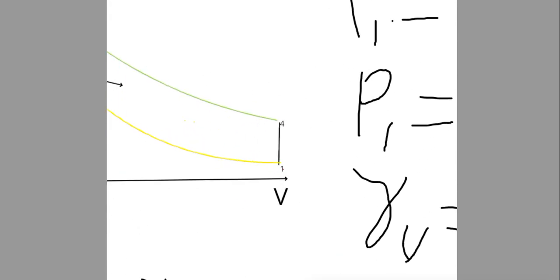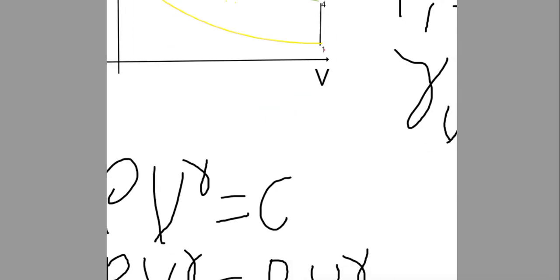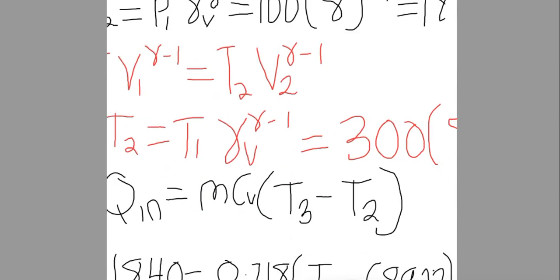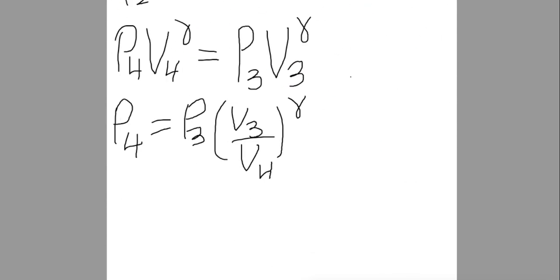So now we know our compression ratio is equal to V1 over V2, and we know V1 is the same thing as V4 and V2 is the same thing as V3. So our V1 over V2 is the same thing as V4 over V3. So V3 over V4 is therefore going to be the inverse of the compression ratio. That is, if we do 1 over V4 over V3, we are going to get V3 over V4.